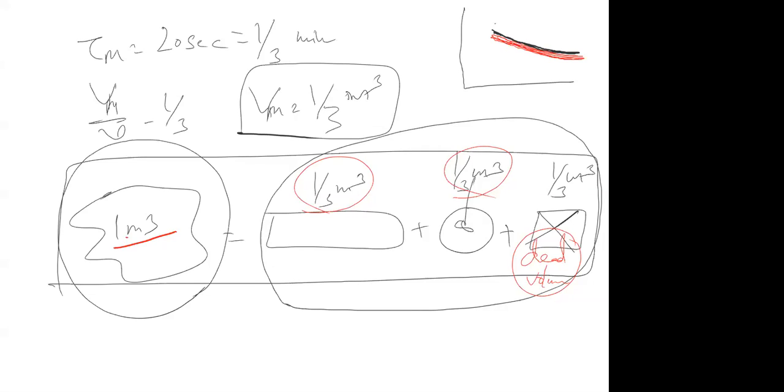So this graph is the RTD of a non-ideal reactor or real reactor. I am not explaining anything, this is what is given. So basically these RTDs are the same, no?